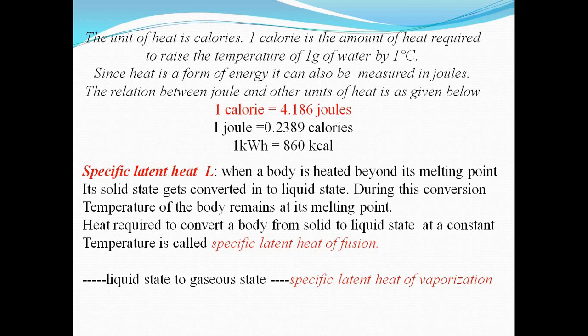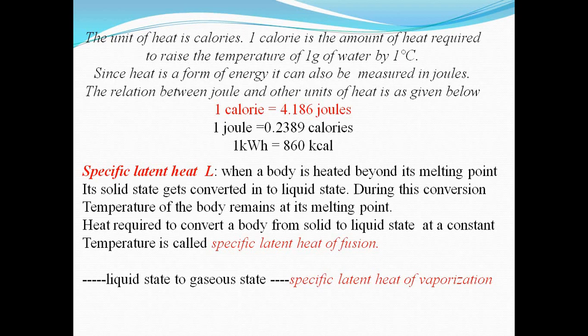That is, 1 kilowatt hour is equal to 36 into 10 raised to 5 joules, and 1 joule is equal to 0.2389 calories. So by using that relation, we will get the value as 860 kilocalorie. You just verify that.